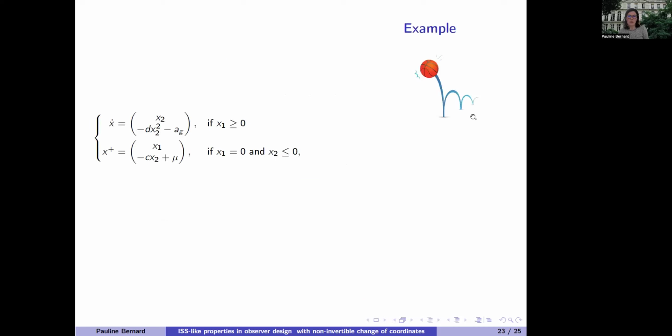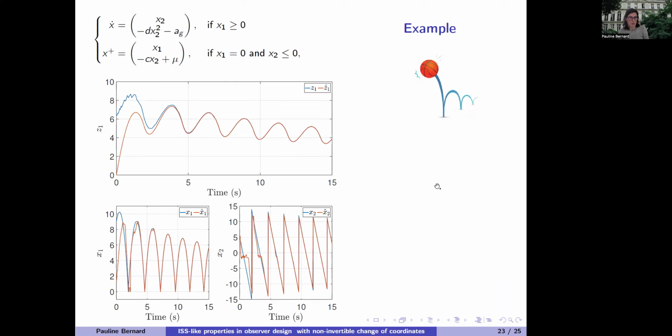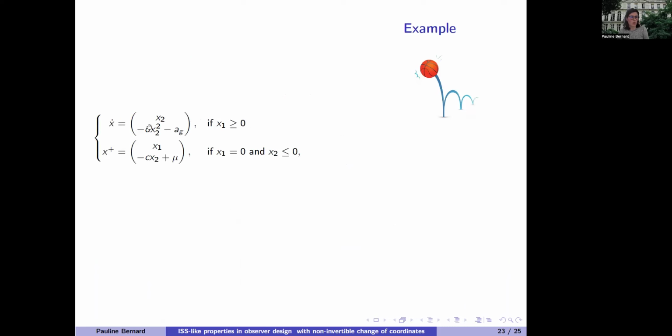So, for example, let me show you this bouncing ball, which is a very simple example. When the ball is in the air, it just follows a second-order, very simple system. I put here some friction, as long as x1, which is the position, is above the ground, and x2 is the velocity.